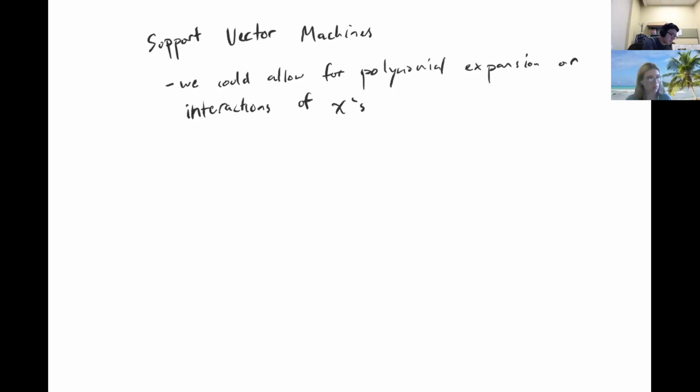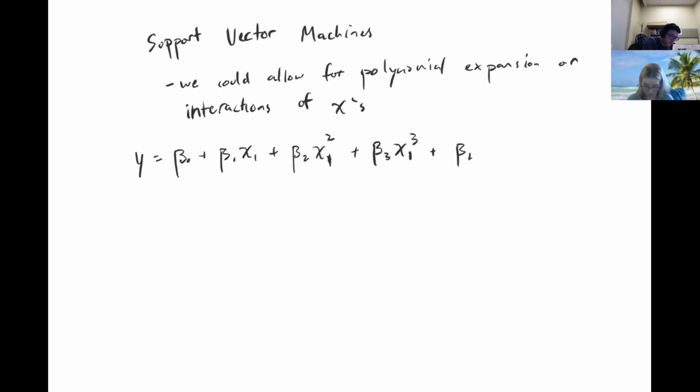So this would be something like y equals beta 0 plus beta 1 x1 plus beta 2 x1 squared plus beta 3 x1 cubed, and so on. And then you'd have it for x2 as well, x2 squared, and so on.